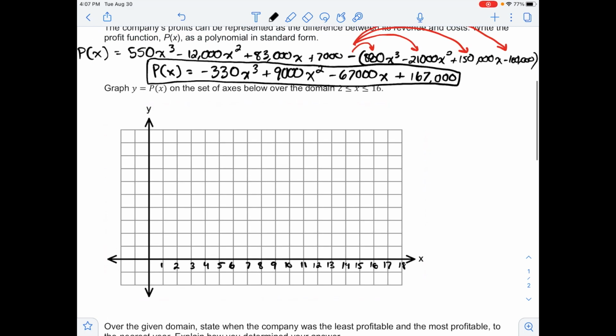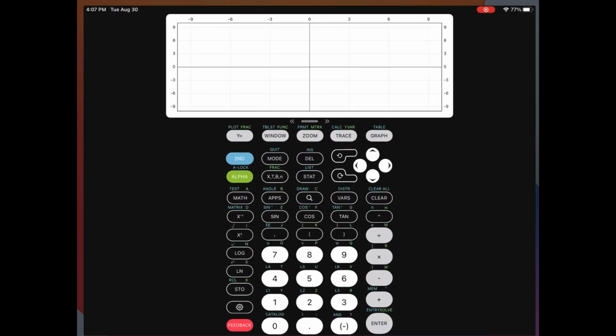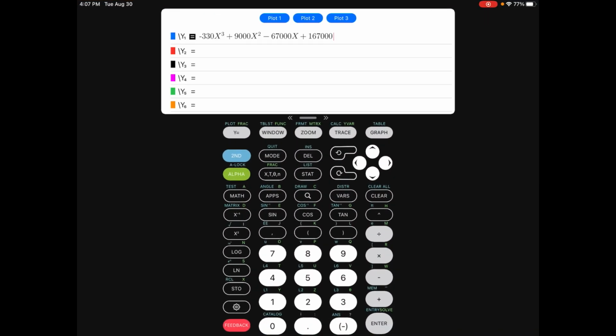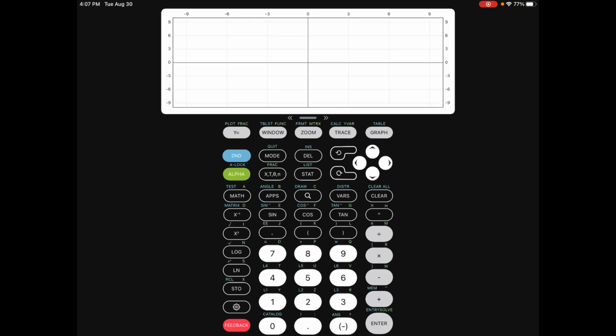So we need to take the profit function P of x and put that in our calculator. I went ahead and did that already. I put it into y equals. And if I were to just hit graph, I'm not going to see anything because this is a 10 by 10 window. Let me take a look at the table.